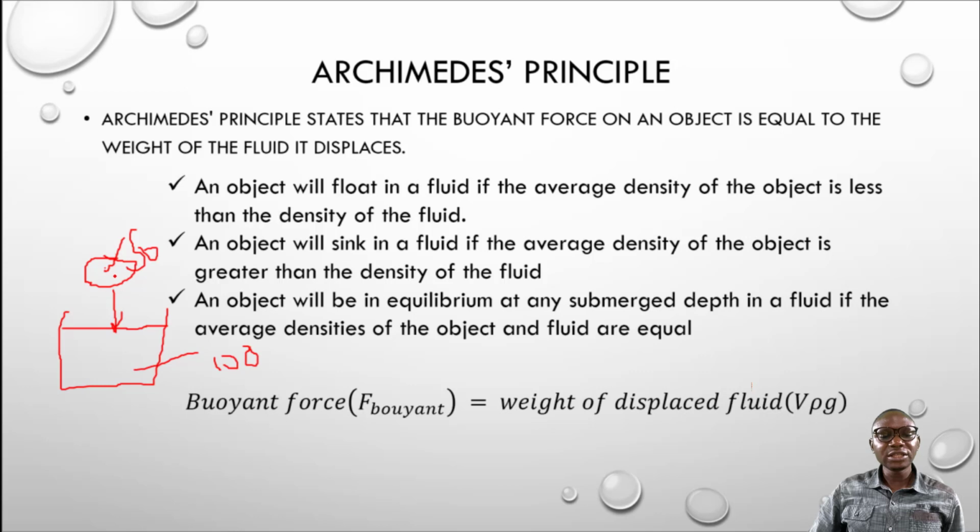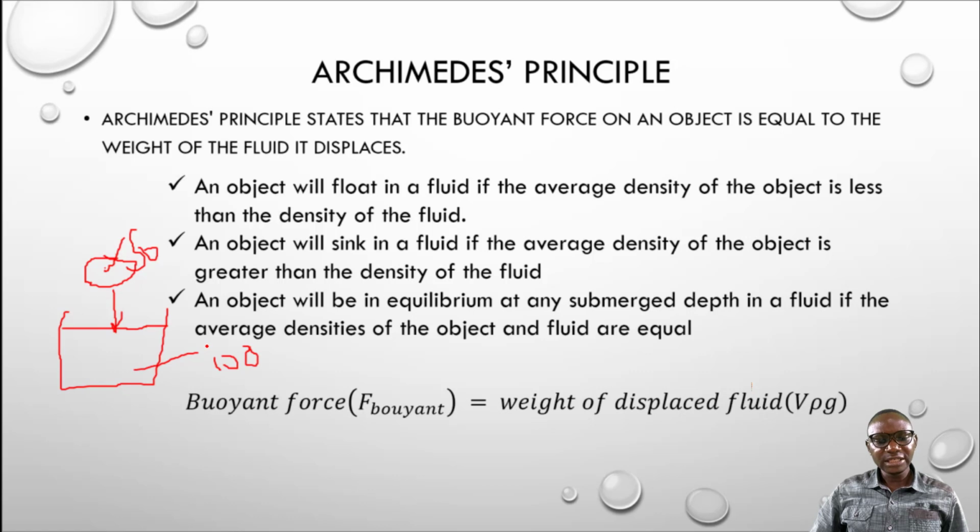But if the density of the stone is 100 and the density of water is 50, it means that this material is heavier than the water, so the stone will sink.